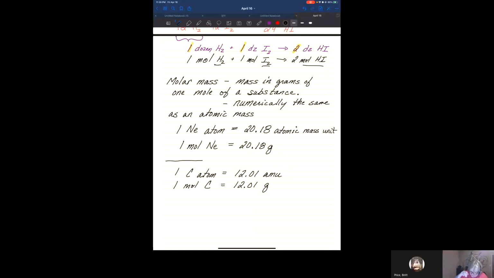I want you to understand that when we talk about a mole of a substance, we are talking about a lot of individual pieces. These individual atoms, individual molecules are so incredibly small that we need a way to count out how many individual pieces there are using something that we can measure.